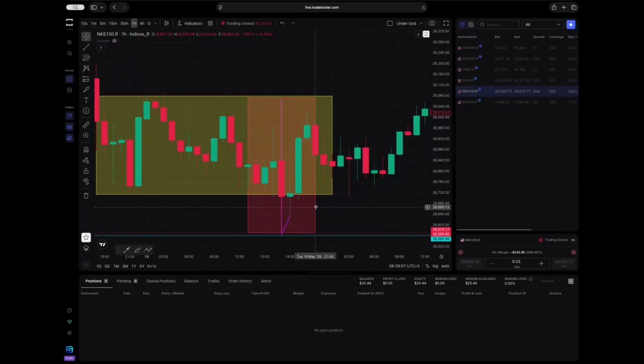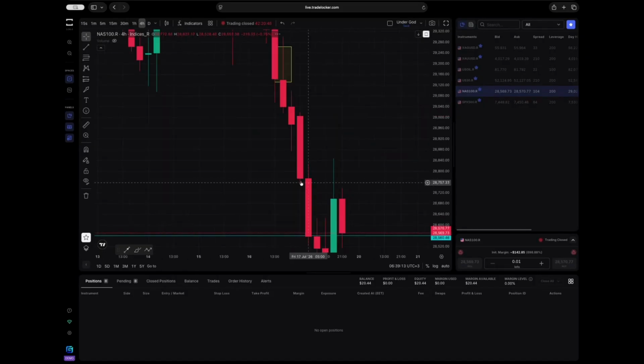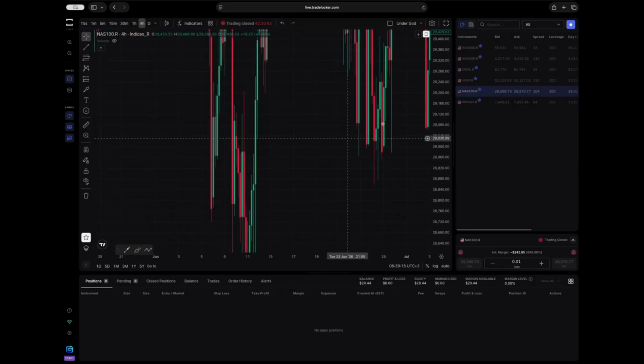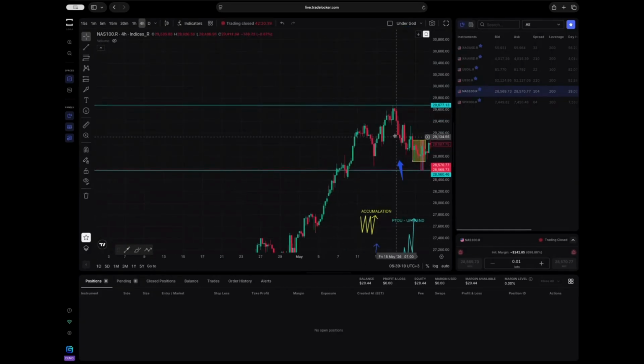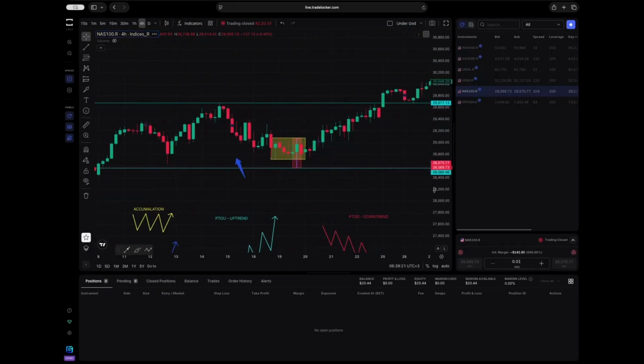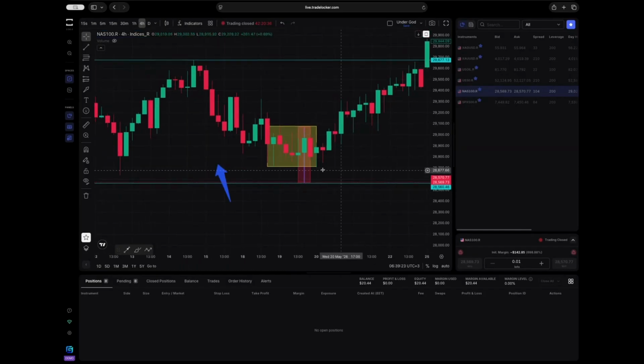So I'm now saying, okay, this 1 hour is telling me that price wants to go higher. So when I go to this 4 hour, right? This is where we are. This 4 hour is happening, but that 1 hour is telling me that we are going to start shifting directions.